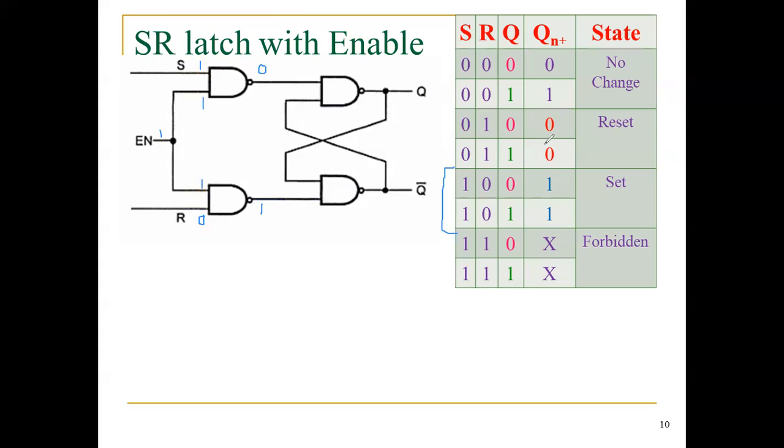Now please listen carefully. Now I made the assumption initially my Q equal to 0. First condition, my Q equal to 0, hence Q bar equal to 1. Now since the conditions applied here, S equal to 1, R equal to 0, the output of my N1 equal to 0, that makes this logic gate output equal to 1. Why? One of the inputs equal to 0.